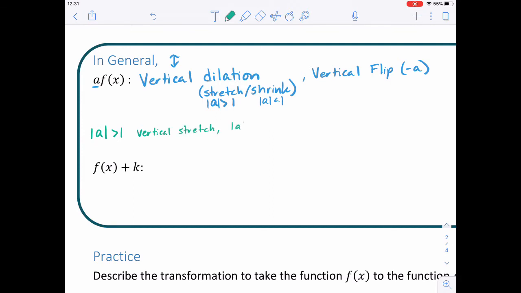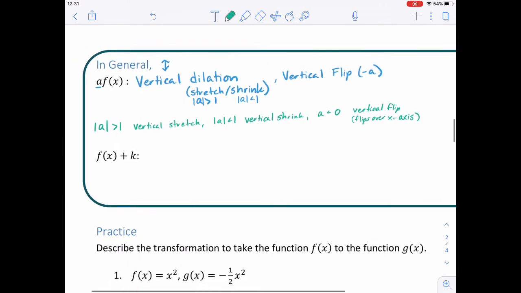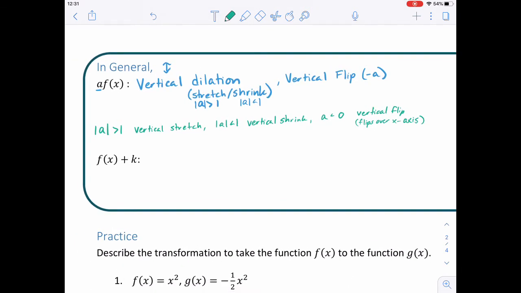The absolute value of that a is less than 1, we get a vertical shrink. And if that a is less than 0, that means negative, then we're going to get a vertical flip. And this flips over the x-axis. Remember, vertical is up, down. So if we're flipping up, down, we are flipping over the x-axis.